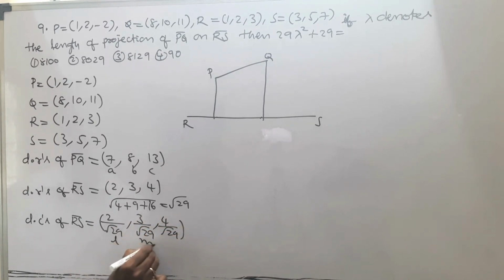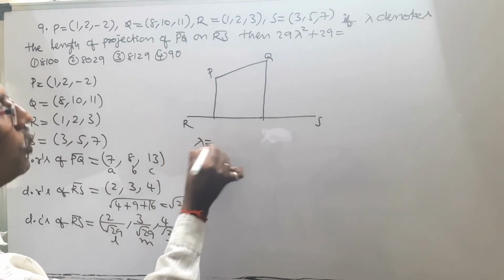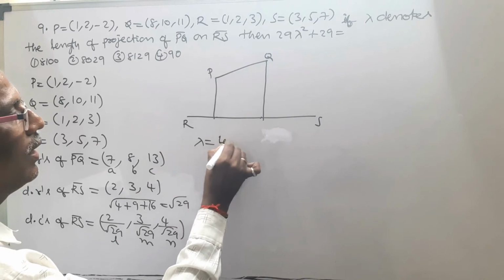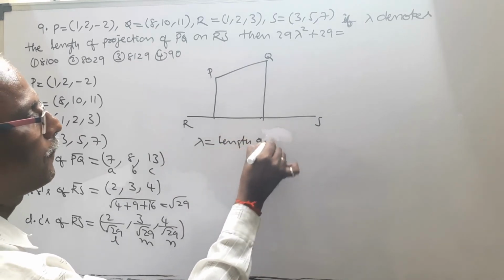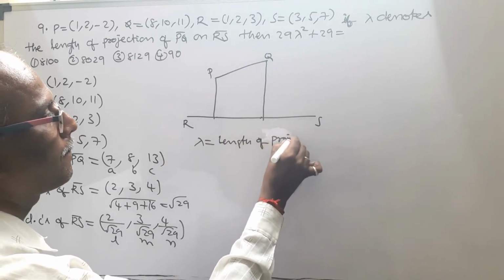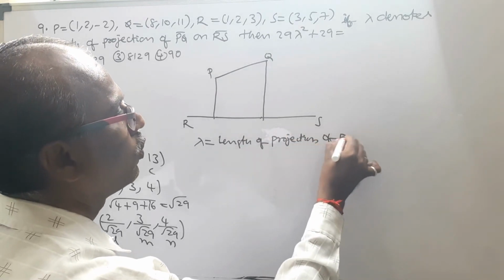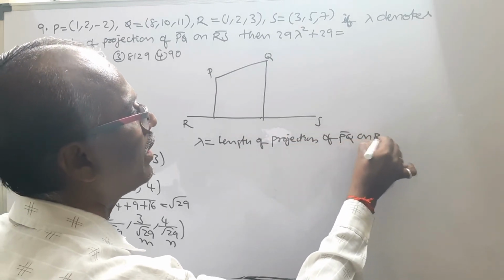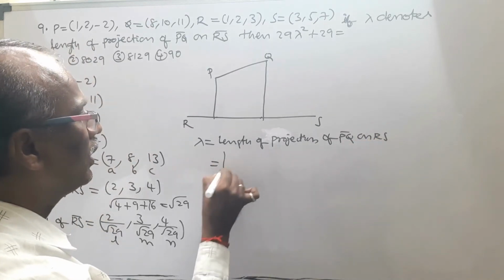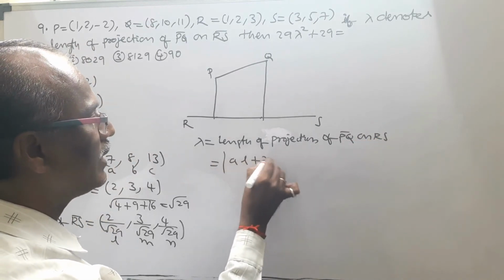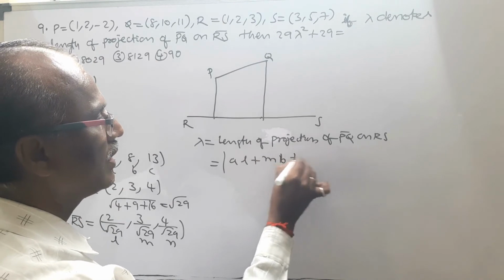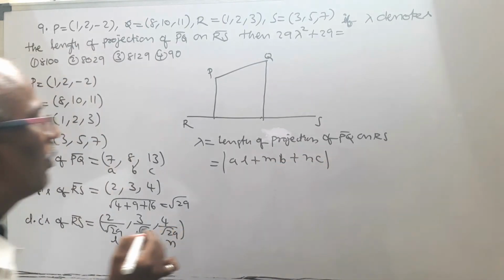This is L, M, N. Here to find lambda, equal to the length of projection of PQ on RS, mod of AL plus MB plus NC. This is the formula.